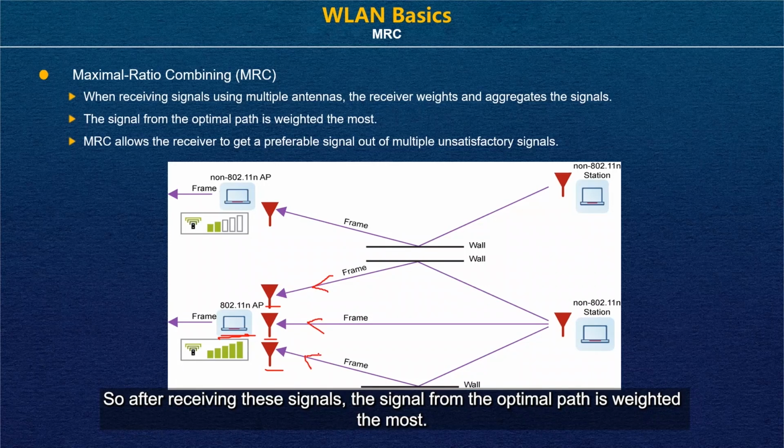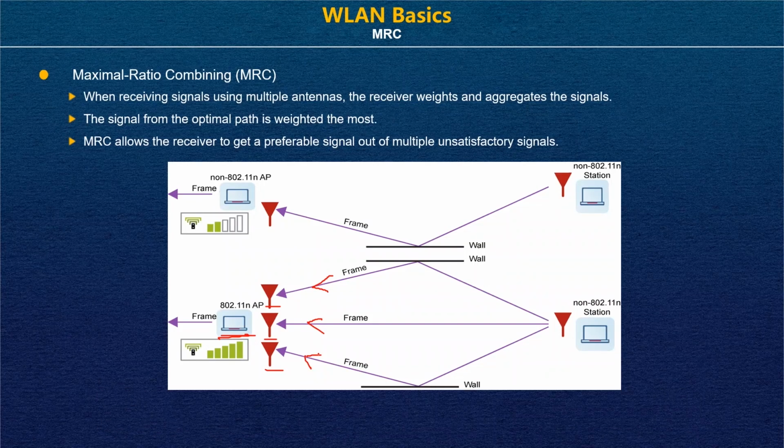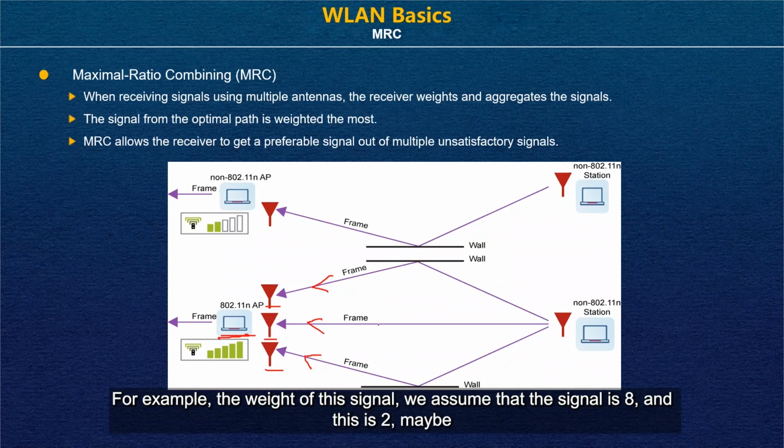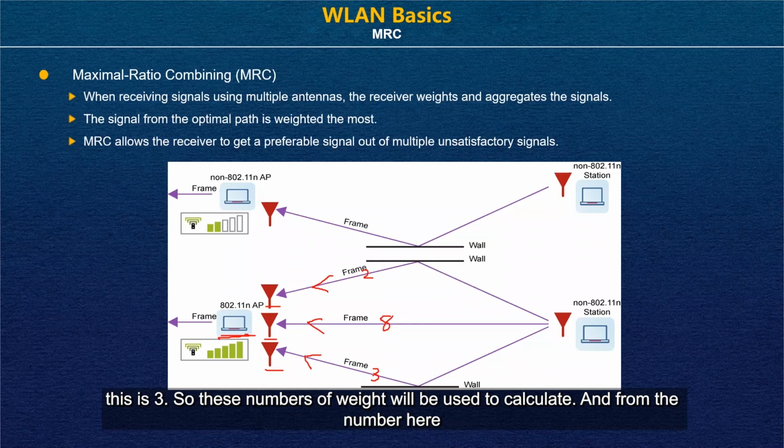So after receiving these signals, the signal from the optimal path is weighted the most. For example, we assume that the signal is 8, and this is 2, maybe this is 3. So this number of weights will be used to calculate.